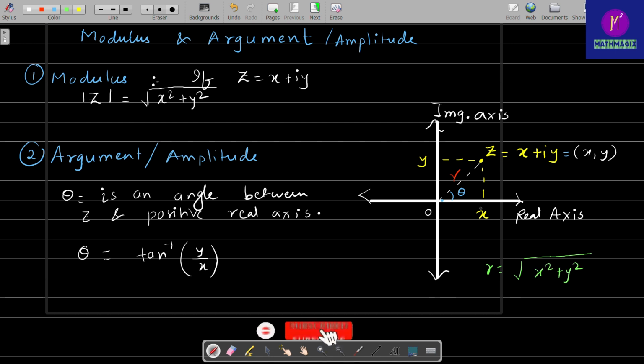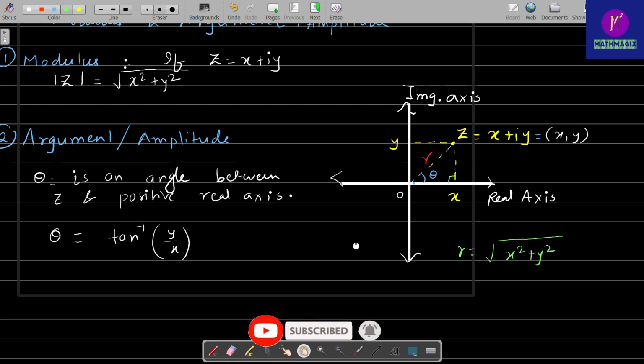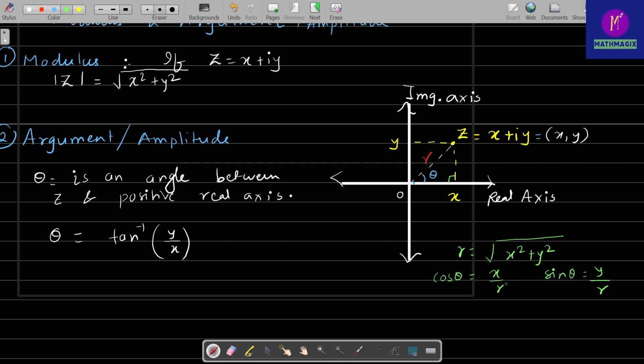Then we know that this angle is 90 degrees. Using simple trigonometry, we can find cos theta and sin theta. Clearly cos theta is x by r and sin theta is y by r. So x is equal to r cos theta, y is equal to r sin theta. If I calculate tan theta, it will clearly be y by x.